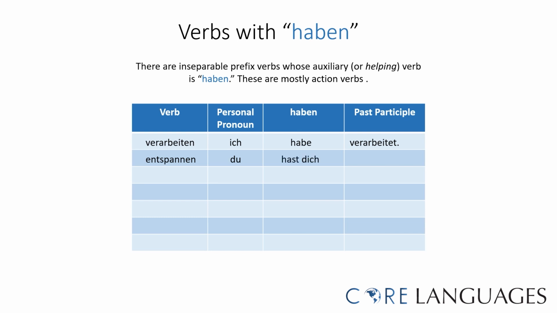Du hast dich entspannt. You have relaxed yourself. Gefallen, to like or to be to someone's liking. Es hat mir gefallen. The literal translation would be, it has been to my liking.